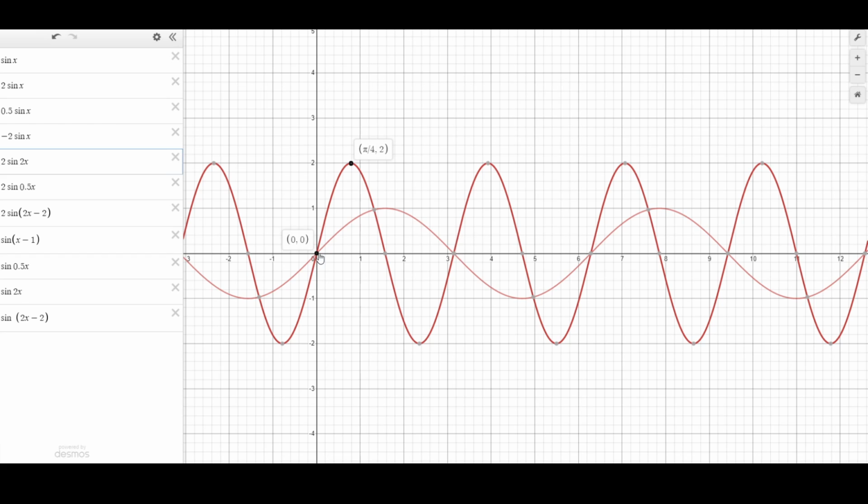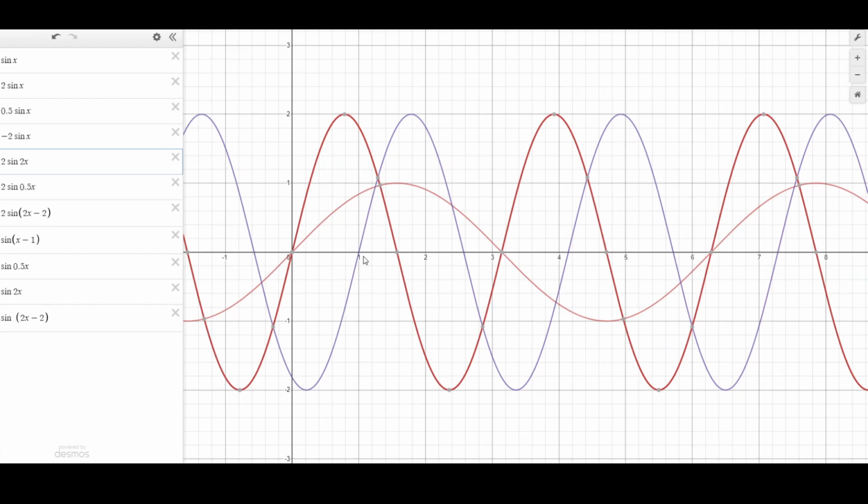Okay, let's say we want to introduce a phase shift to that. Let's say we want 2x minus 2. Based on what we've learned about phase shift, what do you think the phase shift will be here in 2x minus 2? Do you think this will be a 2 units move to the right? Let's see.